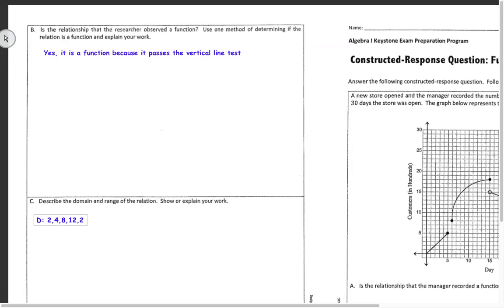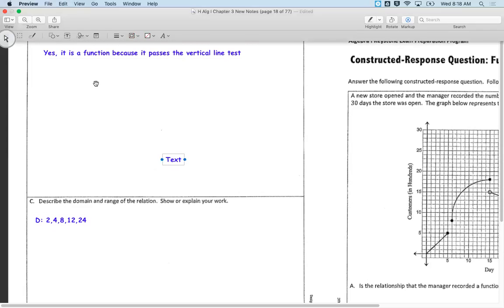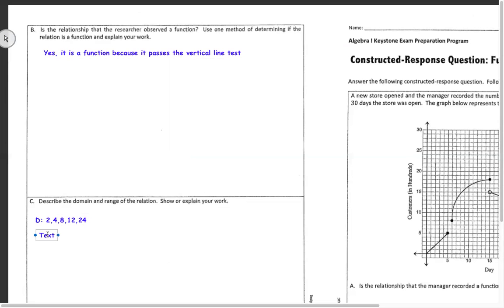And 24. And what was the range? 5, 10, 20, 30, 60.